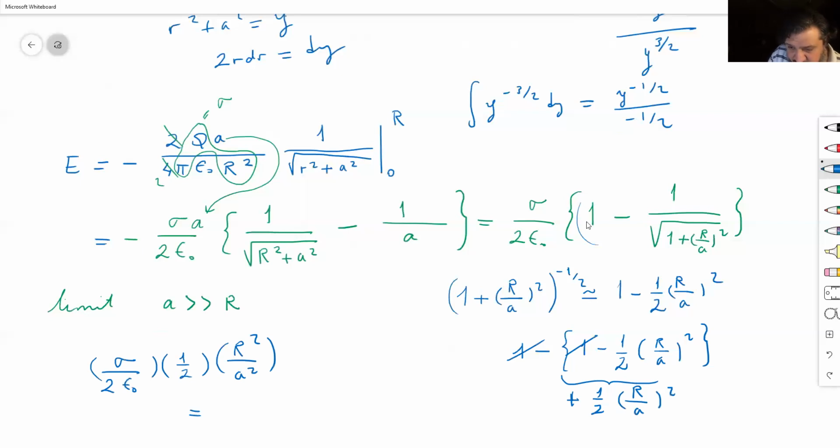So that's equal to Q over pi R squared. Now 2 times 2, 4. 1 over 4 pi epsilon 0 times R squared over A squared. R squared cancels.